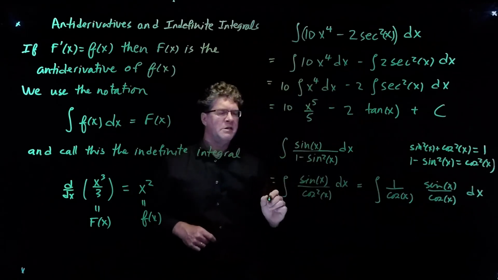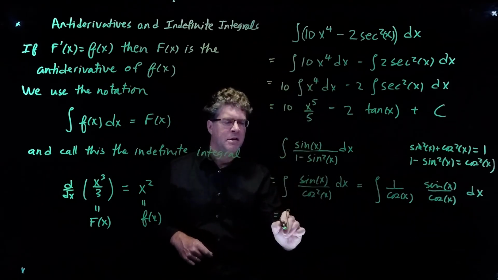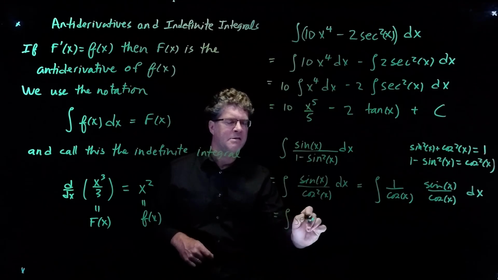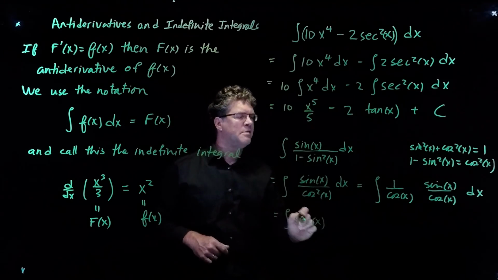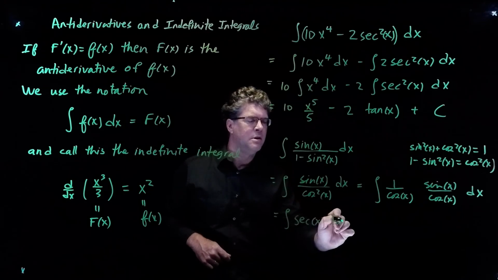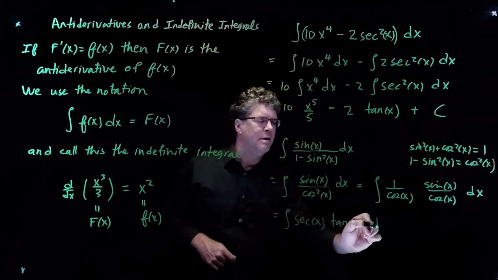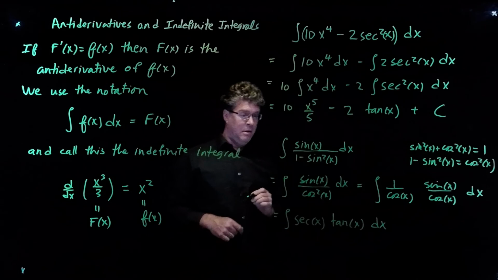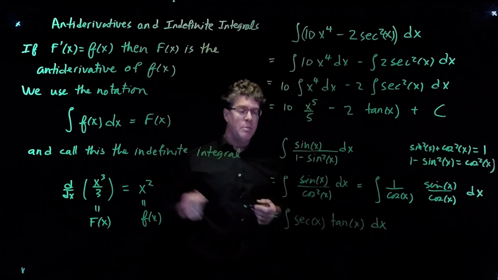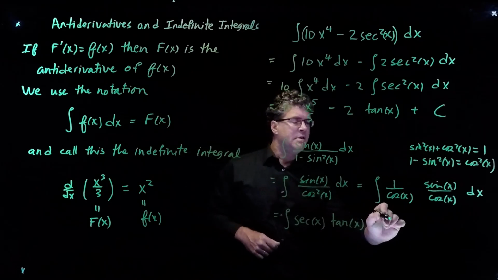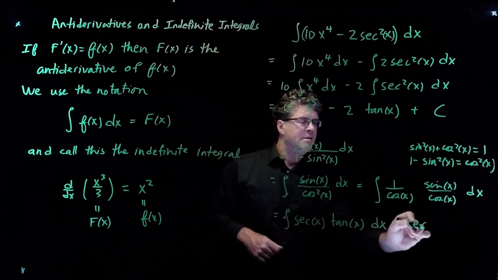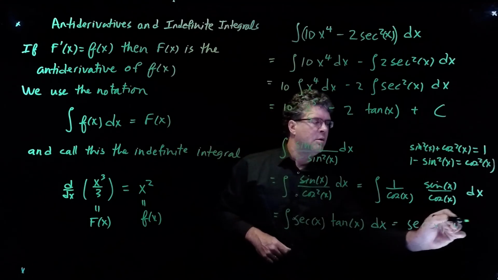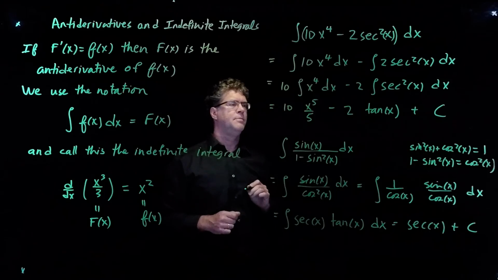Now, 1 over cos x is the secant function, so this is the integral of secant x, and then sine x over cos x is the tan function. And so we then can look back to our table and see that this is going to be secant of x plus a constant. Cool, eh?